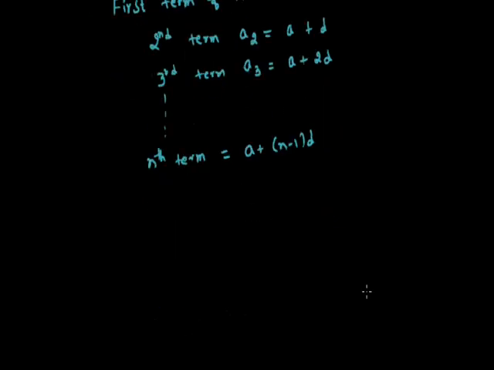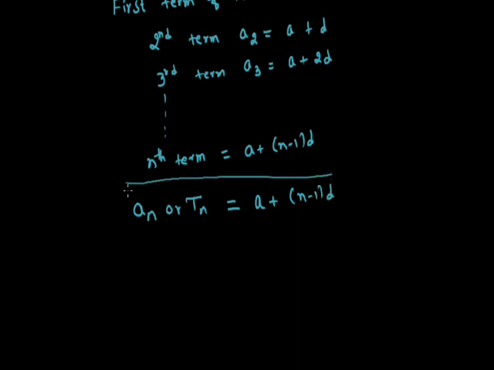Therefore, the formula for the nth term, An or Tn, both denote the nth term of an AP, is a plus (n minus 1) multiplied by d.